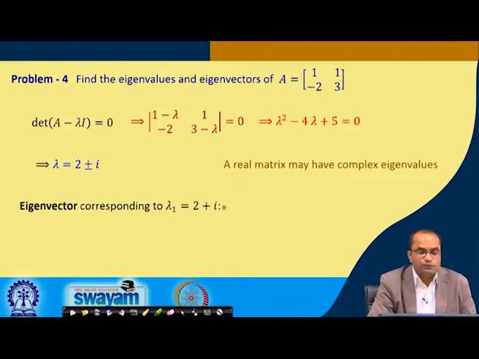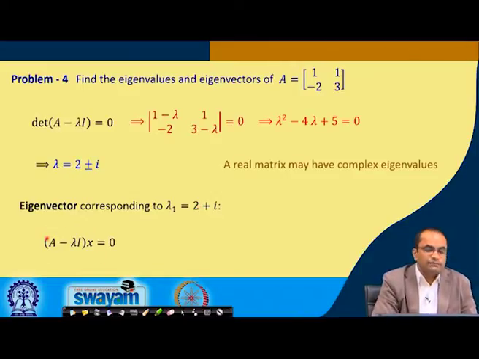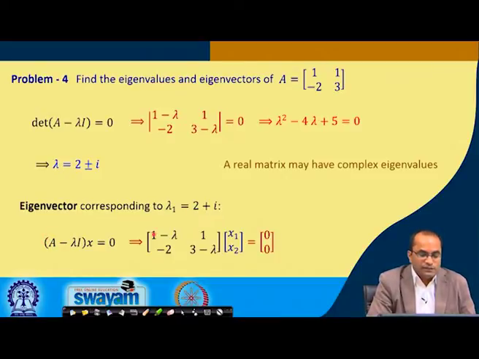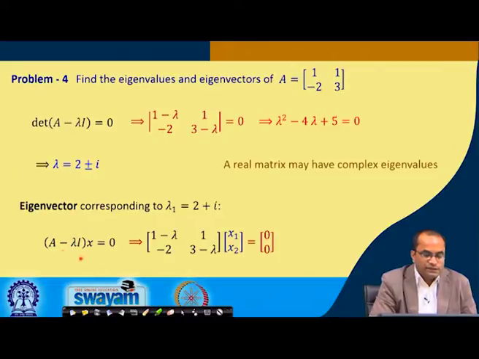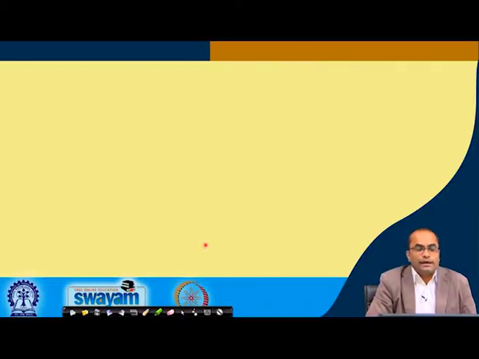If we take 2 plus i, again the same system of equations, A minus lambda I times x equal to 0, we need to solve. That will be the matrix with 1 minus lambda, 3 minus lambda, times x1, x2 equal to 0, and now for lambda 1 we substitute 2 plus i.